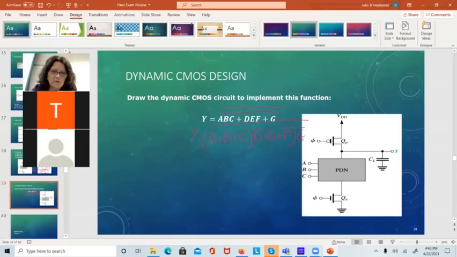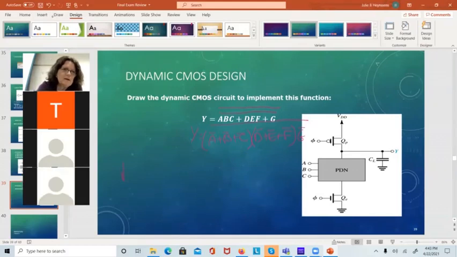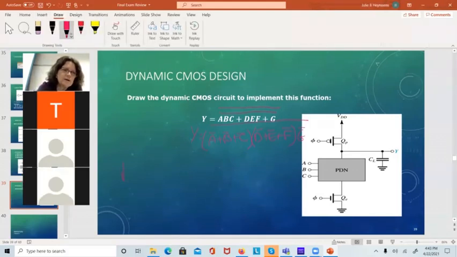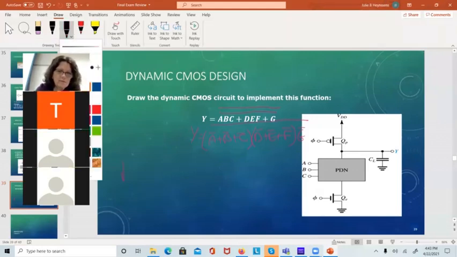So we could draw the pull down network. It would look exactly like this, except we're going to put the, let me get a different color. Black might work. Does black work?